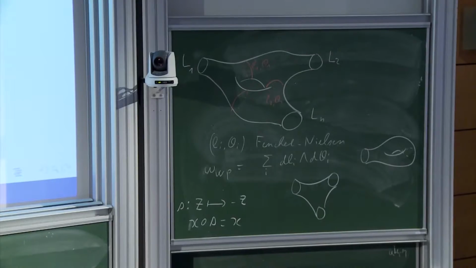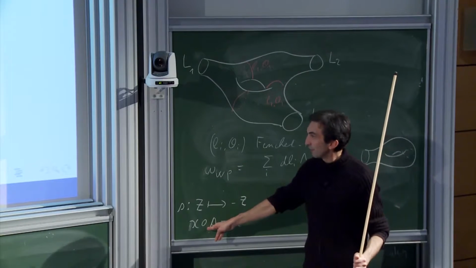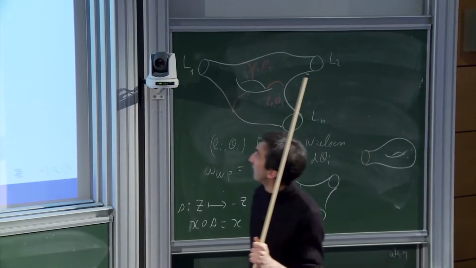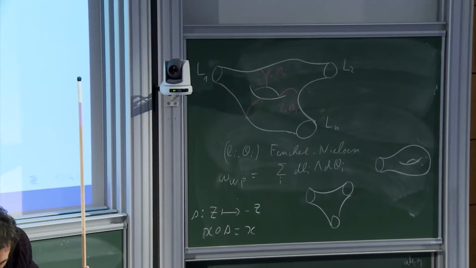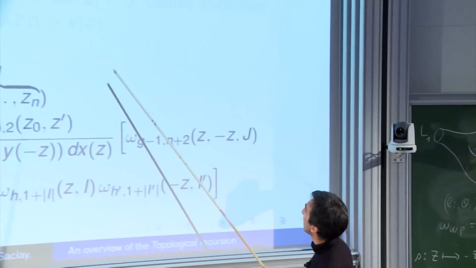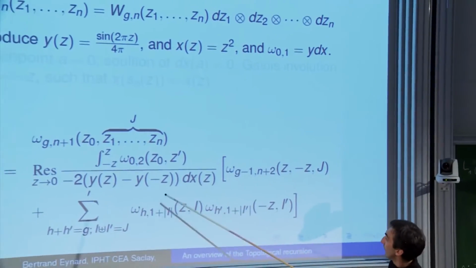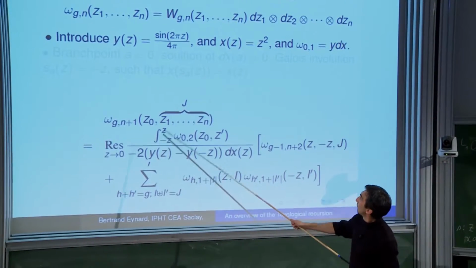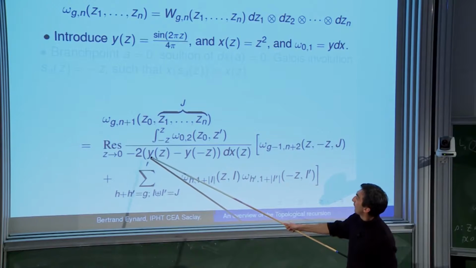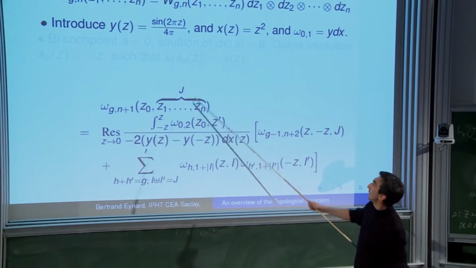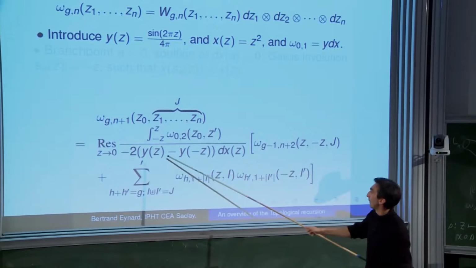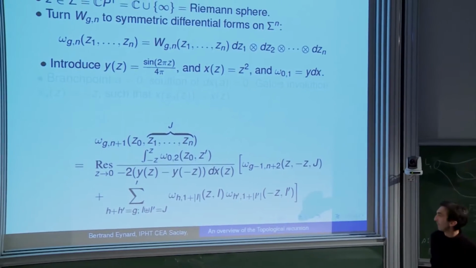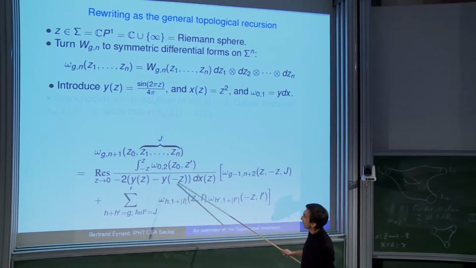So it's just somehow the other solution, the other value of z, which corresponds to the same x, right? So let me replace. Here I replace the 2z dz by dx. I replace the sine 2 pi z by twice y of z minus y of minus z. Well, here y is an odd function. So y of z minus y of minus z is just twice y of z. But if we want to apply it to a more general situation, this is what we really need.